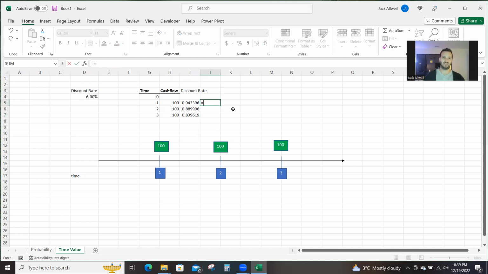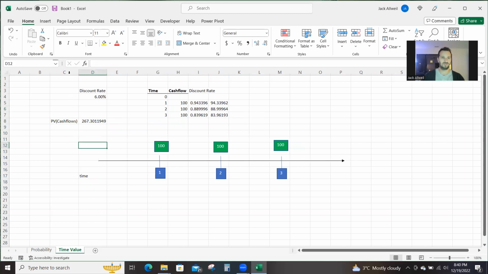So now if we take the product of this cash flow and the discount rate, you get these amounts, and then the sum of that is the present value of all three. So the present value of cash flows equals the sum of these.